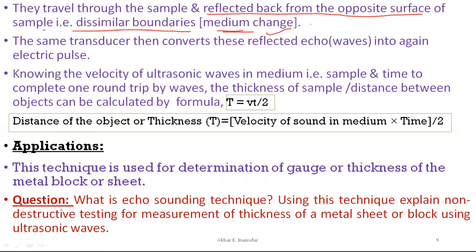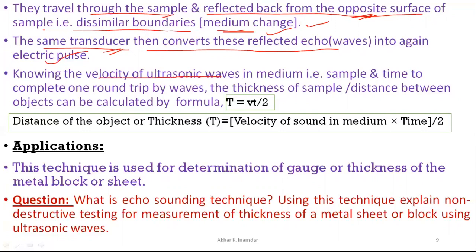Everyone must know that when the medium changes, any kind of wave must be reflected. So the waves travel through the sample and reflect back from the opposite surface of the sample, because there is a dissimilar boundary. These waves are sensed by the transducer, which converts the reflected waves again into electric pulses.